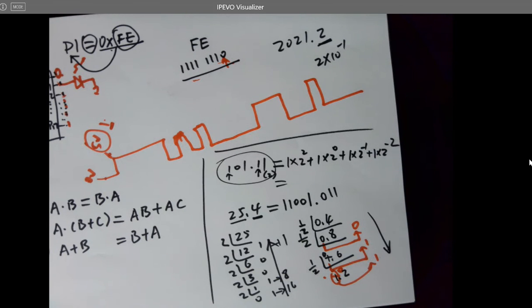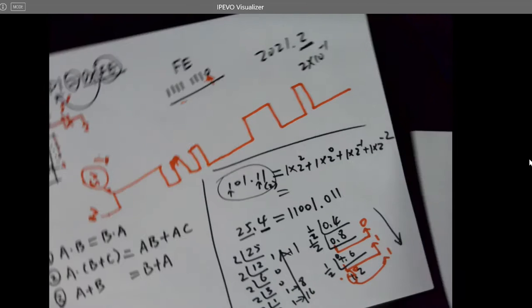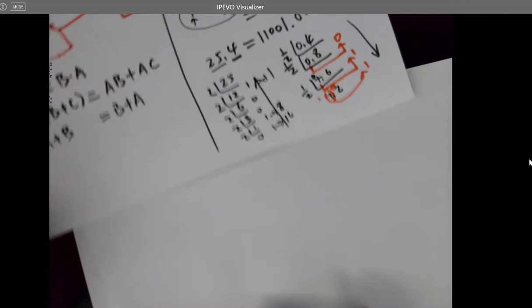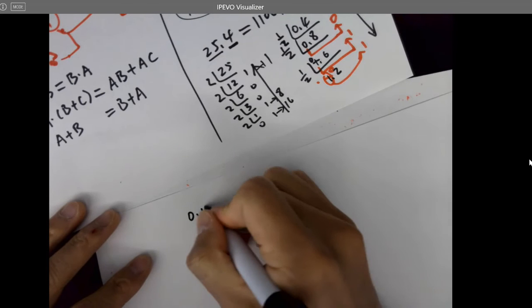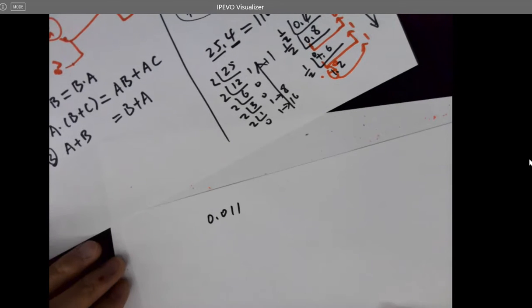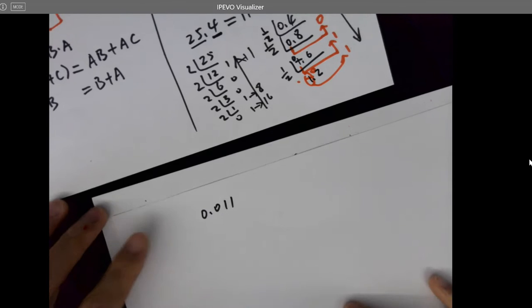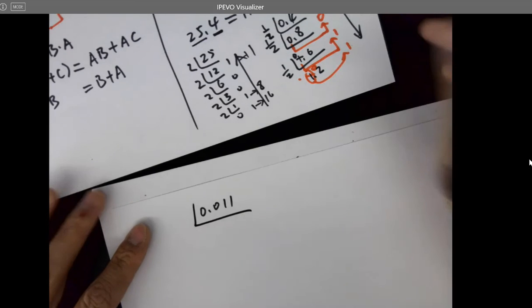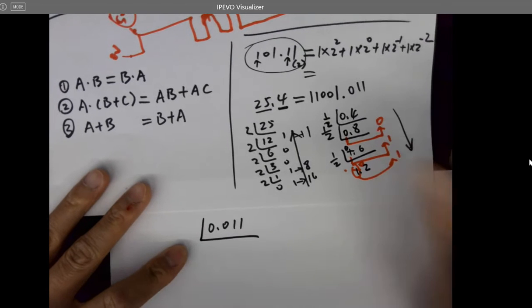So for example, we know it's 0, 1, 1, like a binary number. And let's do the same process.